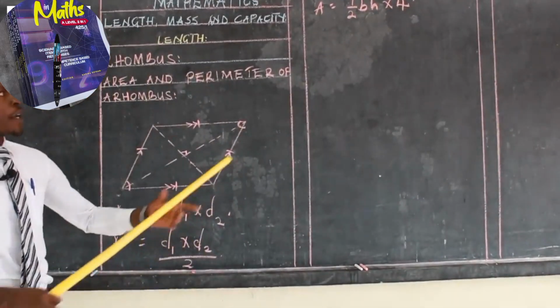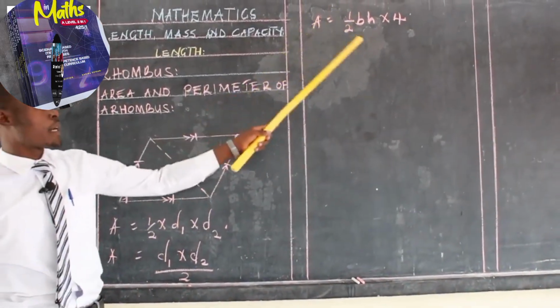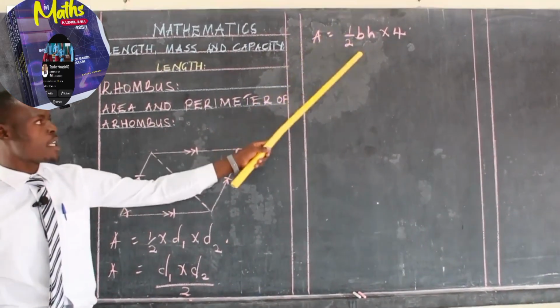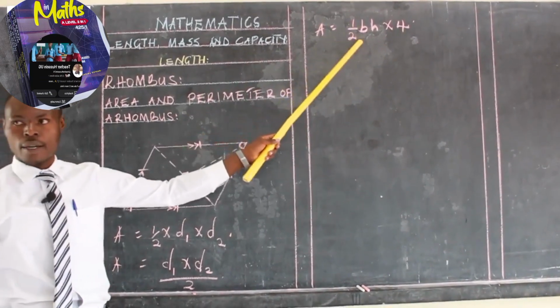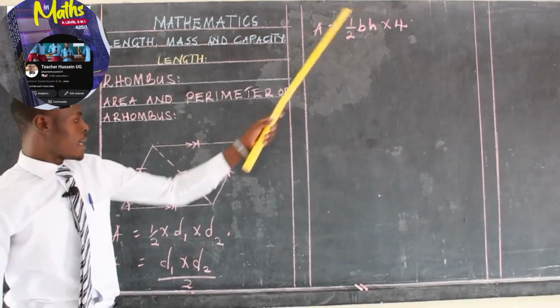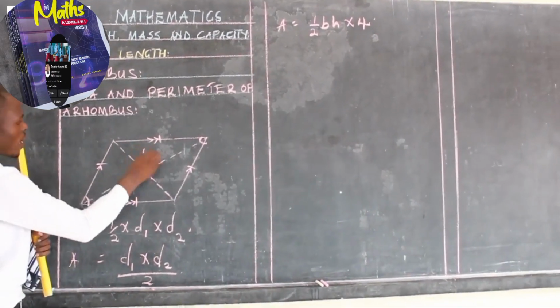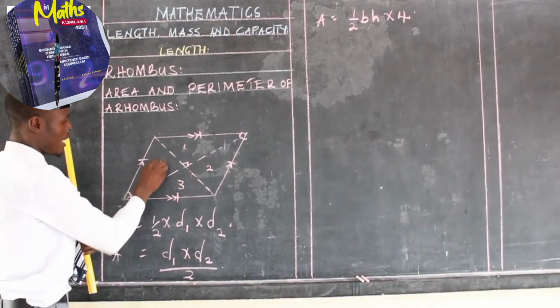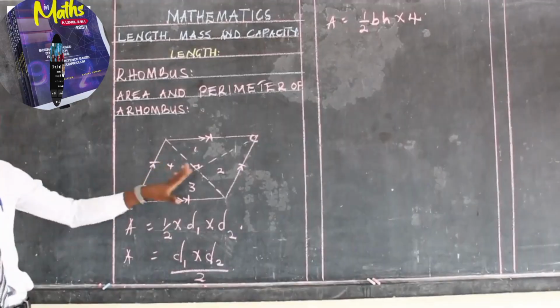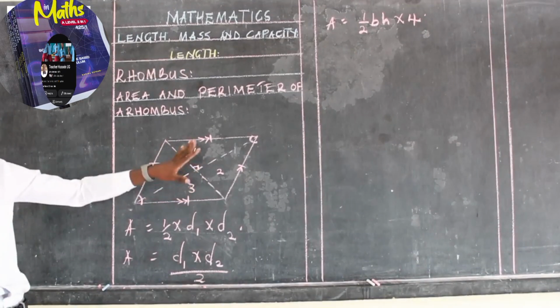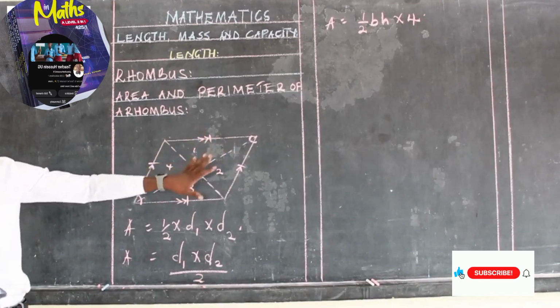Briefly, I'll explain why we use this formula. We've seen it previously. This formula is used for getting the area of a triangle. Now we are saying that in this rhombus, we have 4 triangles. We have 1, 2, 3, and 4. All of them are right-angled triangles, and they are all equal.